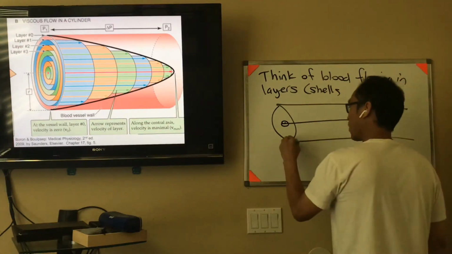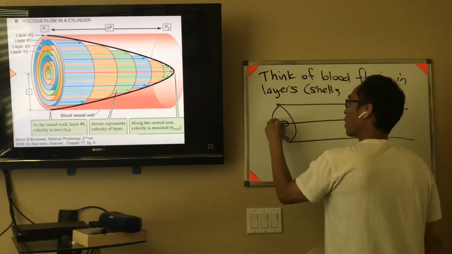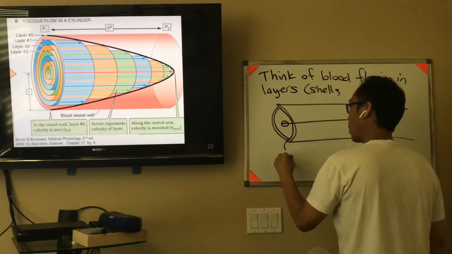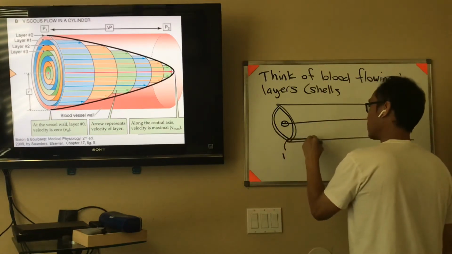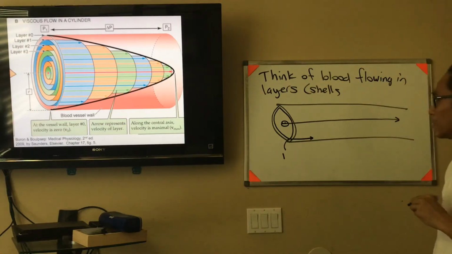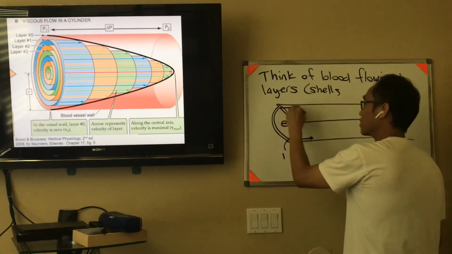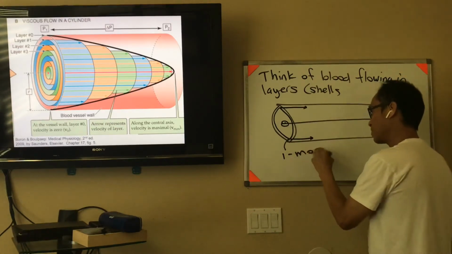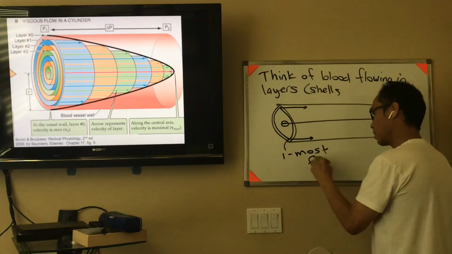So this layer out here, this layer 1, if you measure the velocity of blood flow, is the slowest because it has the most friction. It rubs against the vessel wall the most.